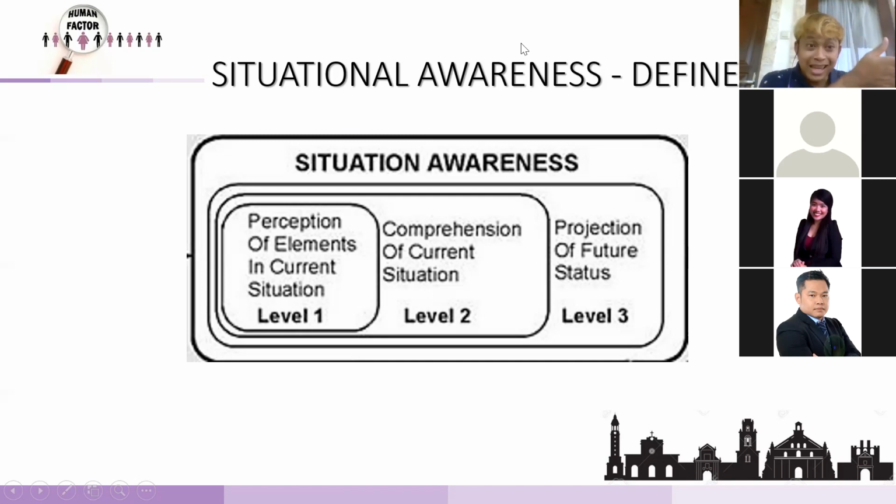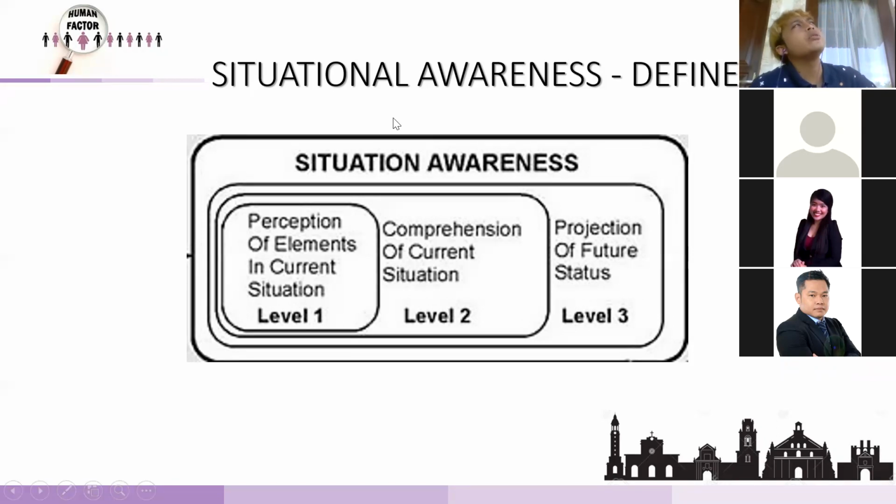Because I focus on attention, it makes me aware. So my situational awareness is kind of fine, because you keep projecting the future, what will happen. You have the perception, you make the comprehension of what will happen, and you project what will happen. That's what we call situational awareness.